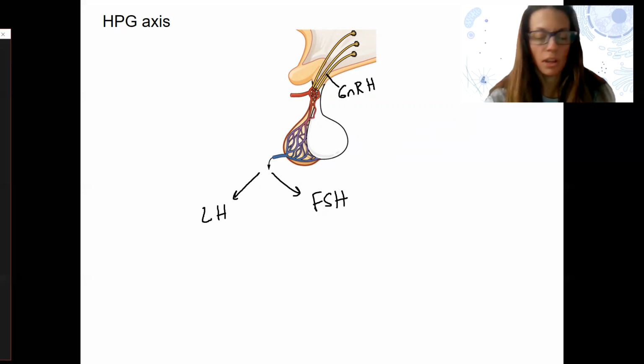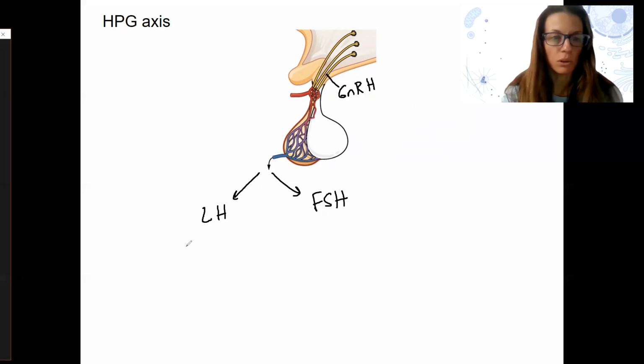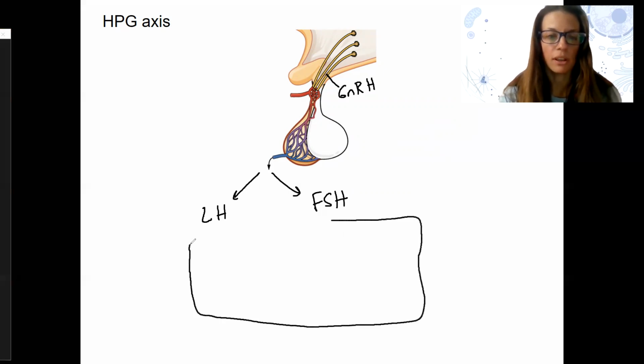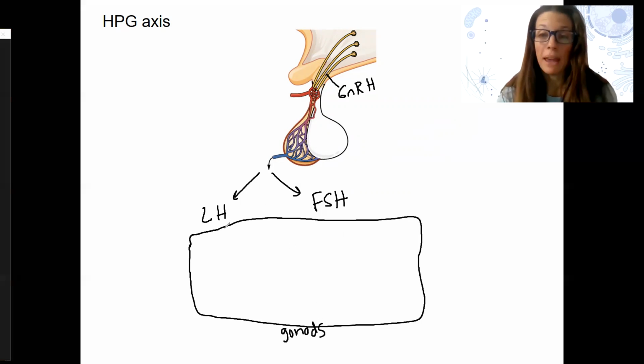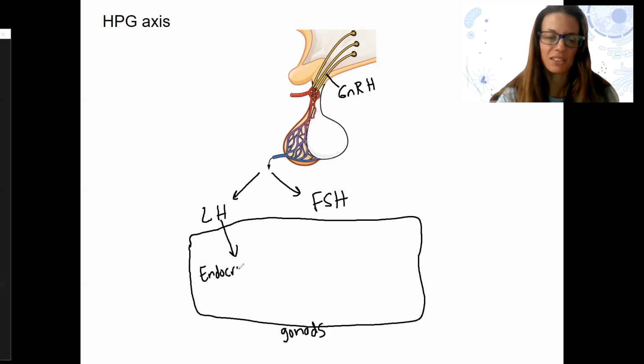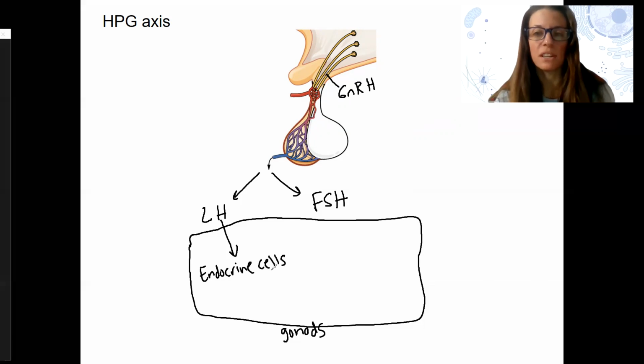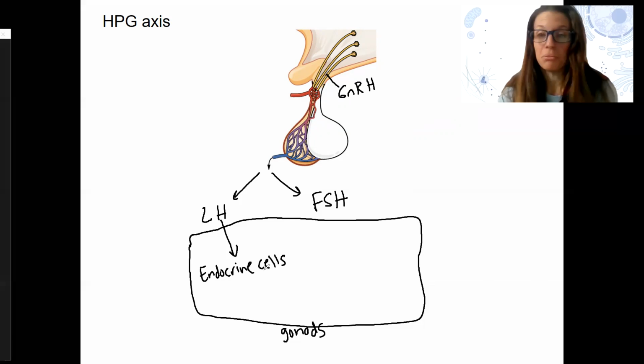So these are going to act then, of course, on our gonads. I'm going to draw a big box down here to represent the gonads. LH, either in male or females, is going to act on other endocrine cells. Remember, there's endocrine cells in the gonads. The ovaries and testes contain cells that produce hormones as well.